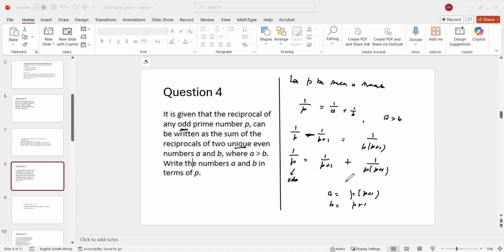Okay, we won't go too much into that. We can see what the answer is. Write the numbers A and B in terms of P. There's your answer. Okay, we'll go on to the next problem.